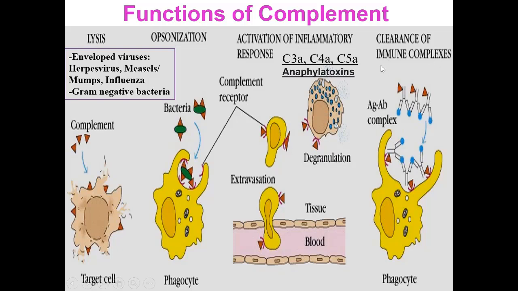One of the most important functions of the complement system is clearance of immune complexes. As you see here, after forming of these immune complexes in our body, they can deposit on the glomeruli in the kidney and on the endothelial cells of vessels, and destroy the endothelial cells.